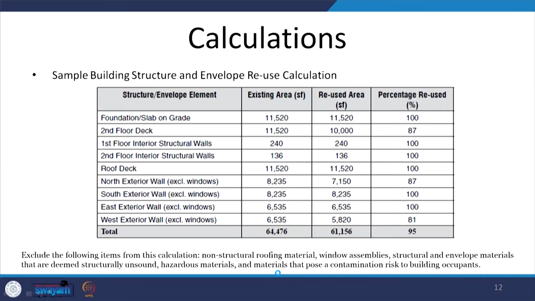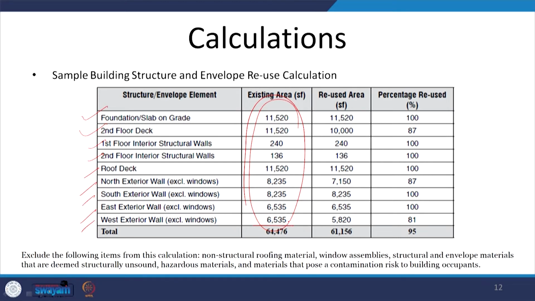So, when we are talking about calculations, we will be preparing it in a tabular format like this. We would identify the different types of structural elements which are present in the existing building. We would then calculate their existing areas, how much of the area of each component is there in the existing building.